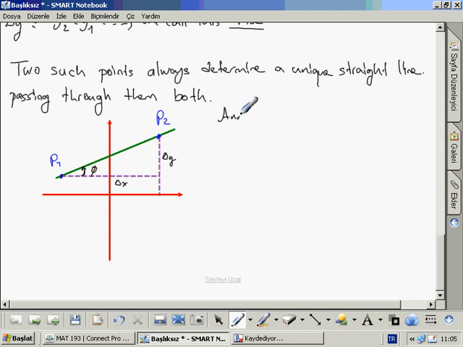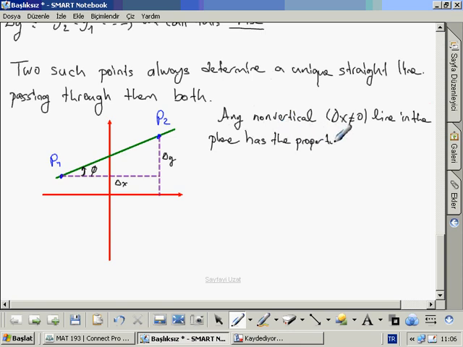Any non-vertical line in the plane, that means delta x is not equal to 0, has the property that the ratio, which is slope, is denoted by the small m, it equals rise over run.